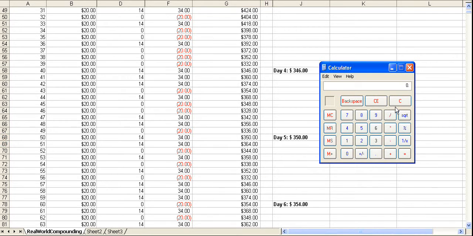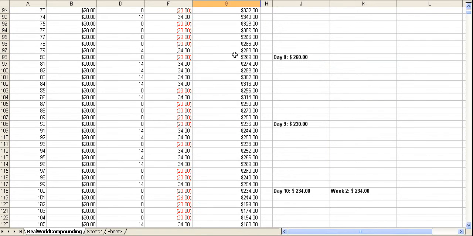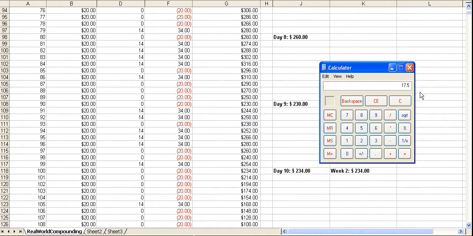Let's take a look at $350 times 0.05. That's 5%. At 5%, really, we should only be trading $17.50. We're trading 20, so we're trading a little higher than that. So that's not a significant difference right there. But now you see the account is dropping, and now we're down to $214.